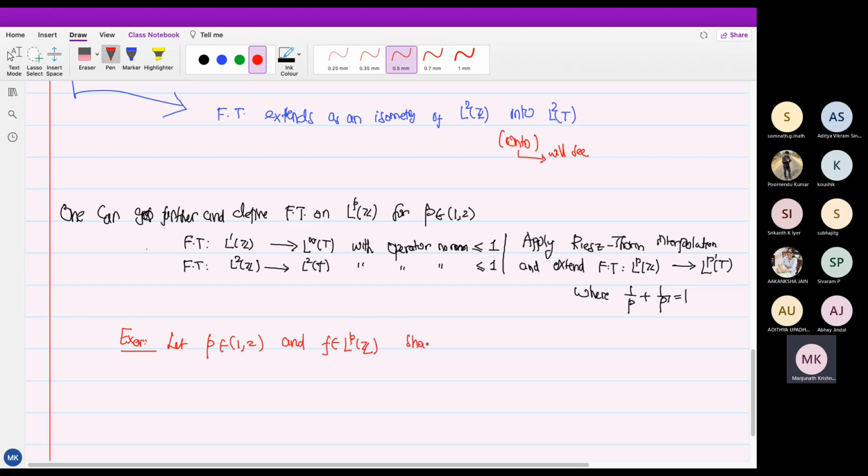Show that there exists G in L1 of Z and H in L2 of Z. So this has to do with the fact that Z is an infinite measure space. So LP is not contained in L1, it's not contained in L2. Okay, there is no containment there.